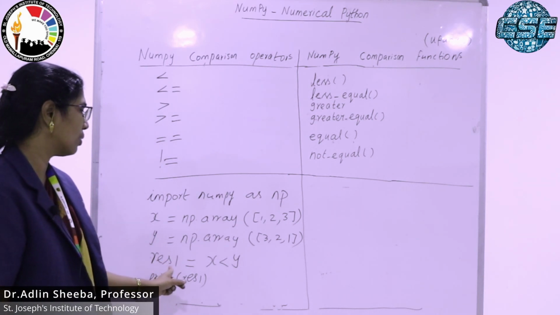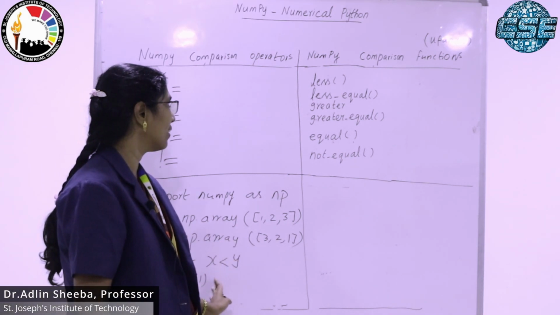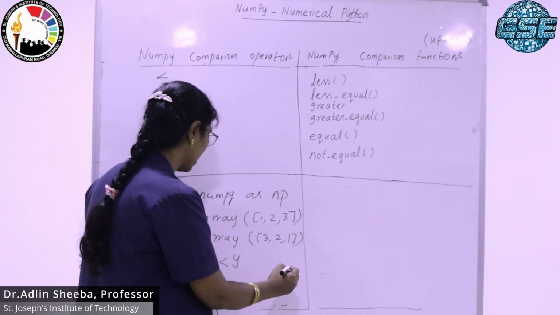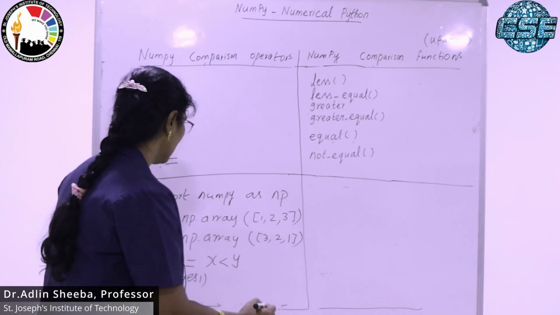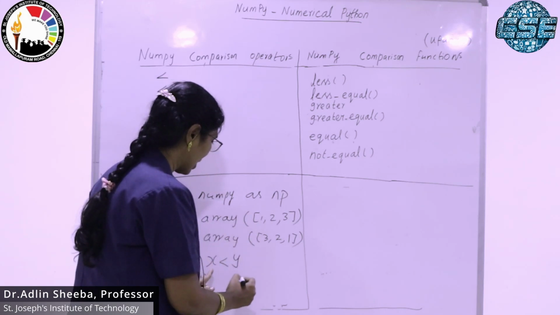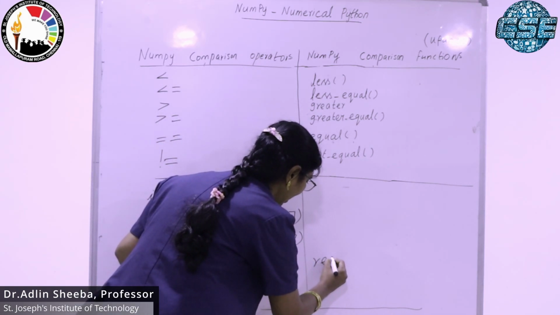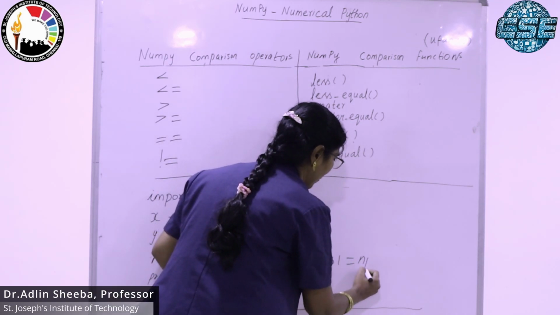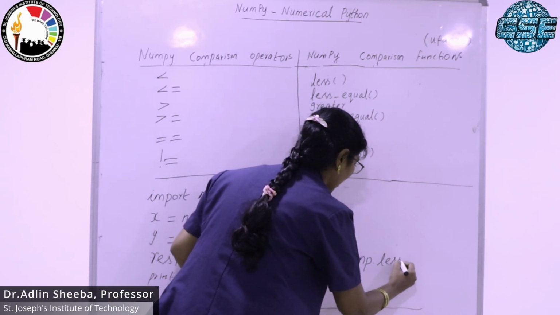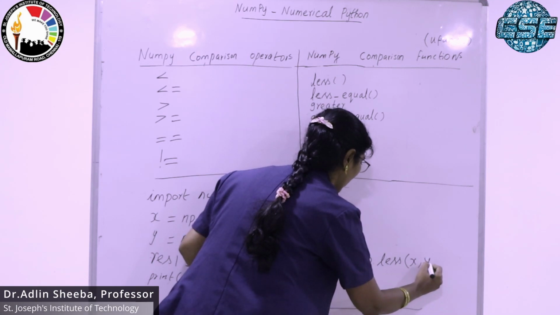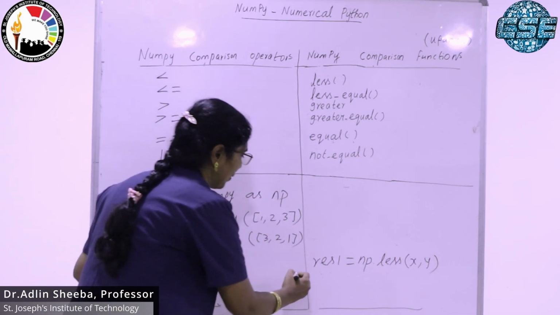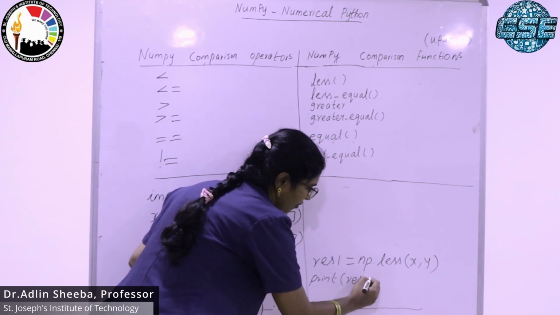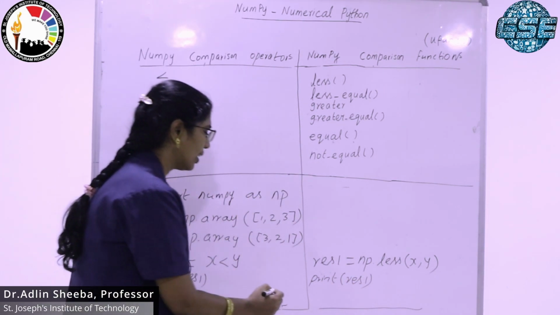Okay. So before seeing the result output, let us see the corresponding ufunc in NumPy. So the corresponding ufunc in NumPy is less. So we are going to take the same example. Here I am going to write result 1 equal to np dot less of x comma y. Then I am printing the result. So now we are going to see the output.